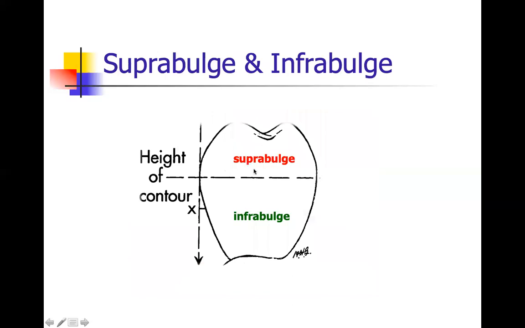This is the line marked by the surveyor at the greatest diameter of the tooth, known as the survey line or height of contour.